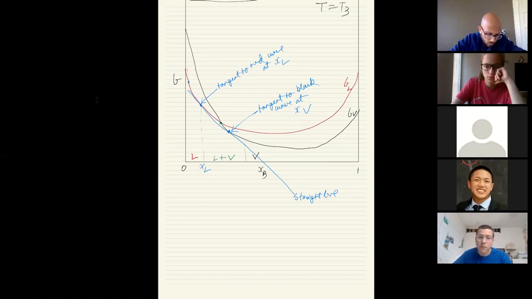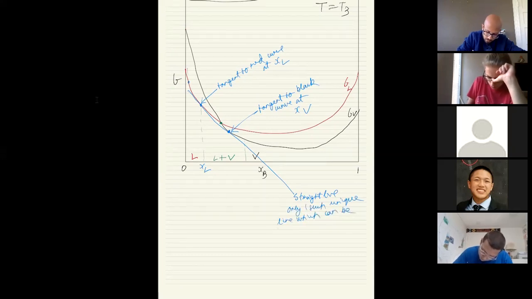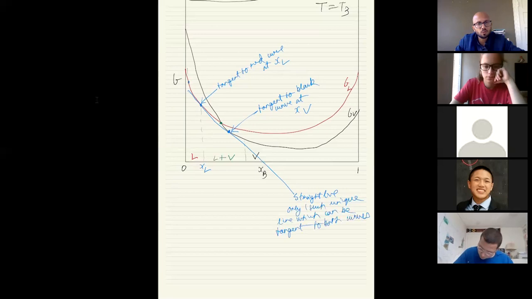There is only one unique line which can be tangent to both curves. And figuring out coexistence of phases really amounts to solving for the equation of this line and where it becomes tangent.